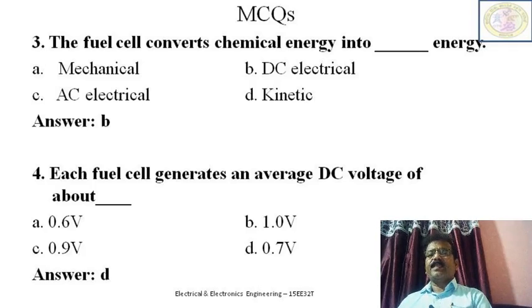A, 0.6 volt, B, 1 volt, C, 0.9 volt, D, 0.7 volt. Each fuel cell generates an average DC voltage of about 0.7 volt. The answer is D.